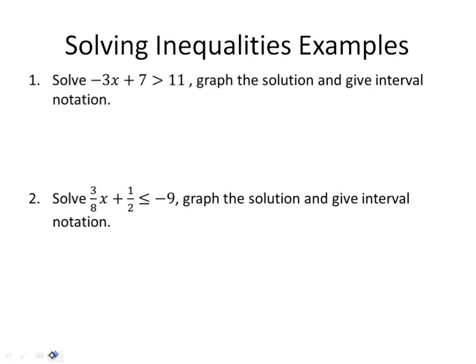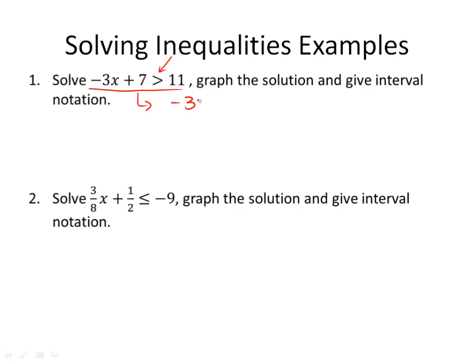Let's try some examples. First example, we've got an equation very much like the ones you've solved in the past, although it has an inequality symbol. The only difference is, remember, that if we do end up multiplying both sides by a negative, we will need to switch the sign, but only if you're multiplying by a negative or dividing by a negative. So let's check this out.